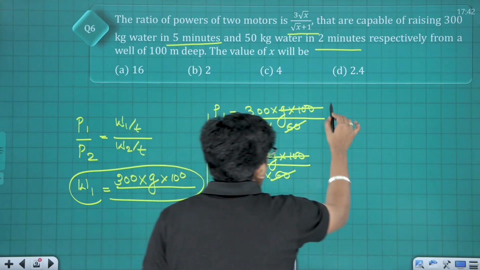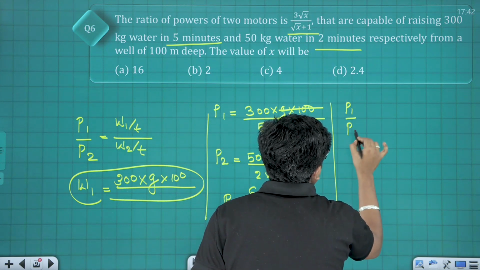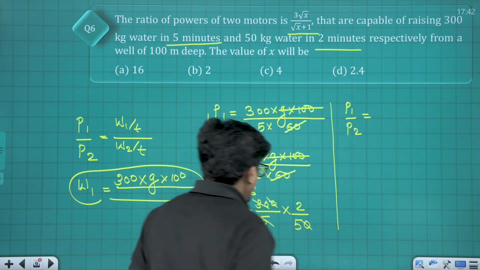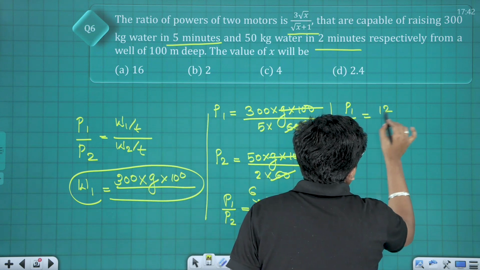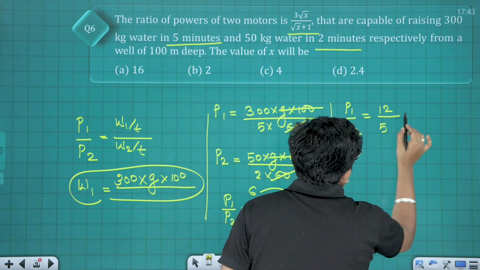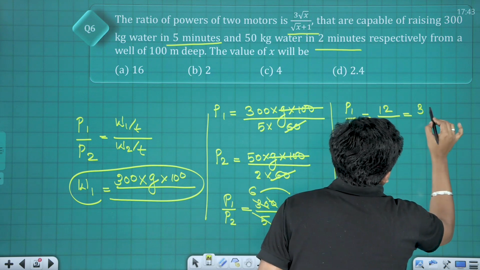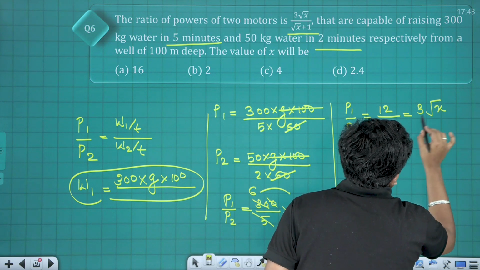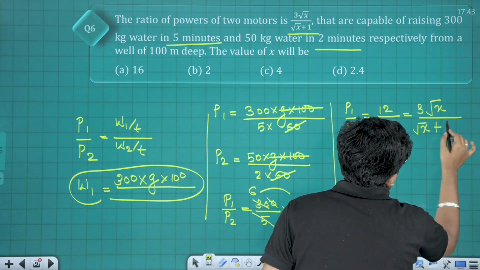Now P1 by P2 can be written as 6 2s are 12, and we are left with 5 here. And now this is equal to 3 root of x all divided by root of x plus 1.